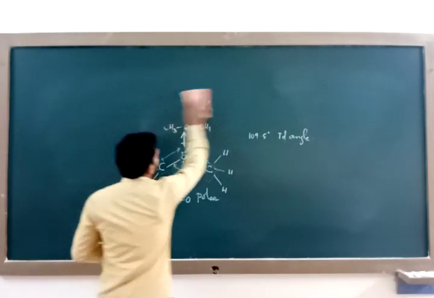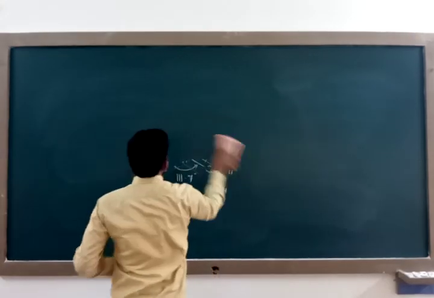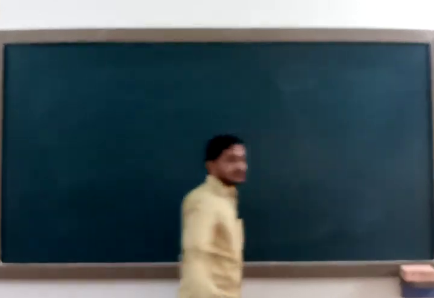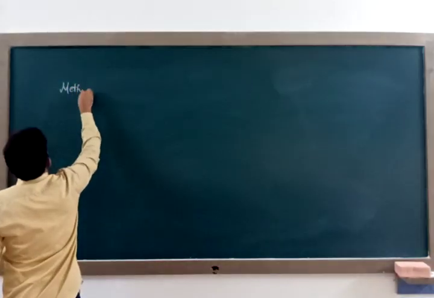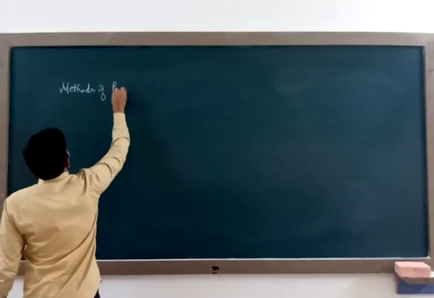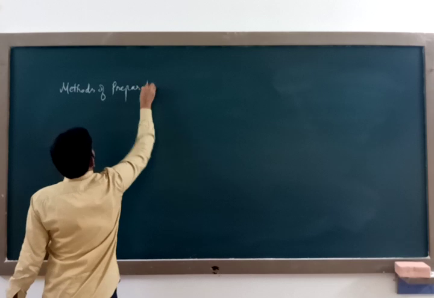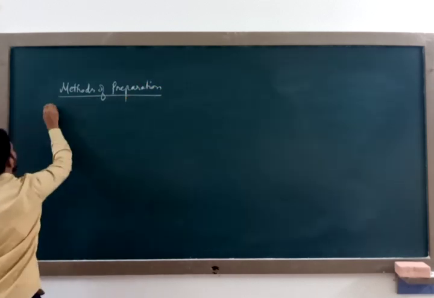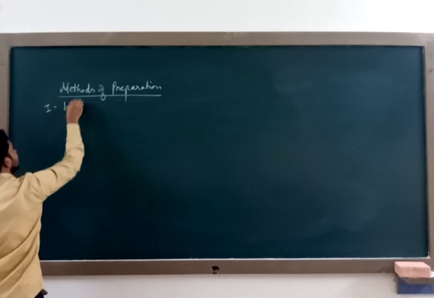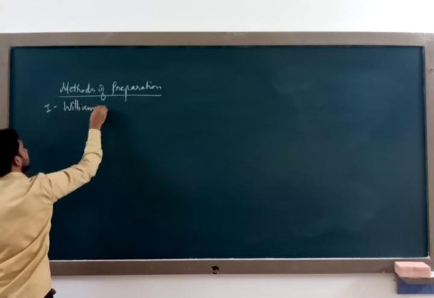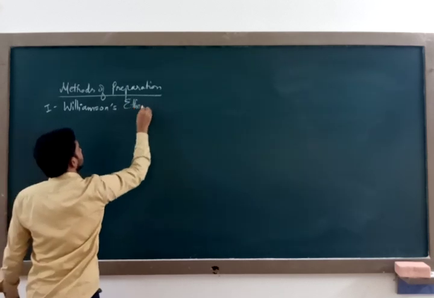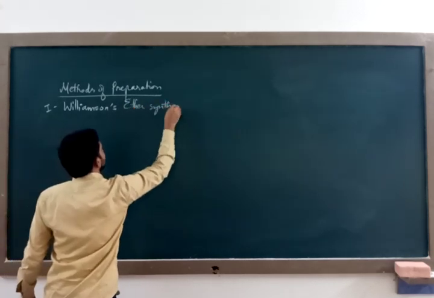Okay, now let us study their methods of preparation of ethers. The first method is a very important method and most often asked in the exams. It is Williamson's ether synthesis.